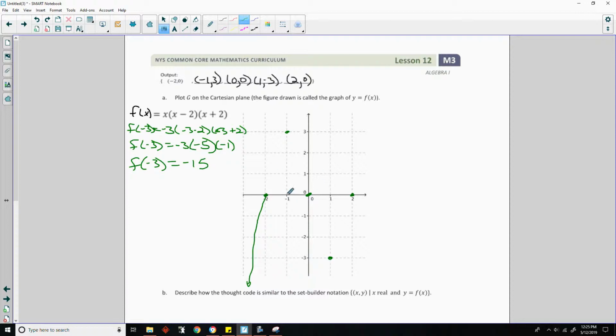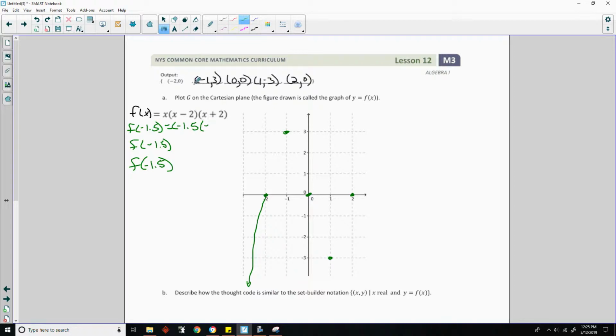Now, if I pick a point between negative 1 and negative 2, I'm trying to figure out how I got up here. Well, if I substitute in negative 1.5, that's f of negative 1.5. So let's just do that, just to give you an idea of what's going on in this graph. f of negative 1.5 equals negative 1.5 times negative 1.5 minus 2.